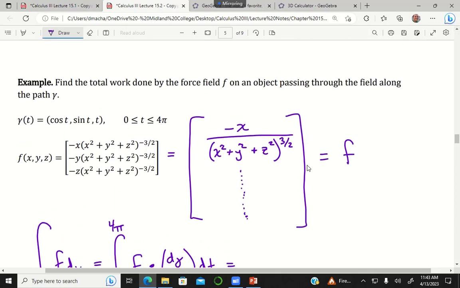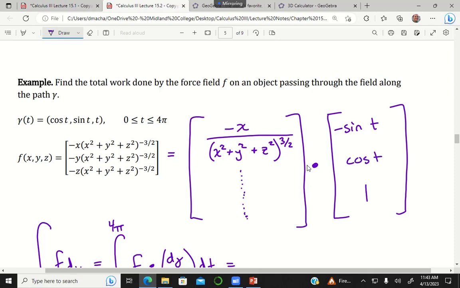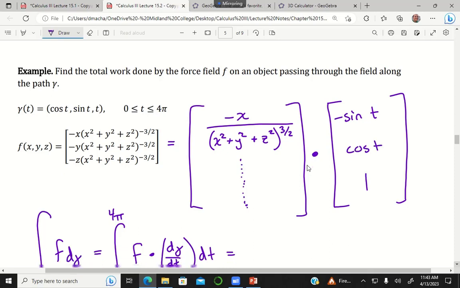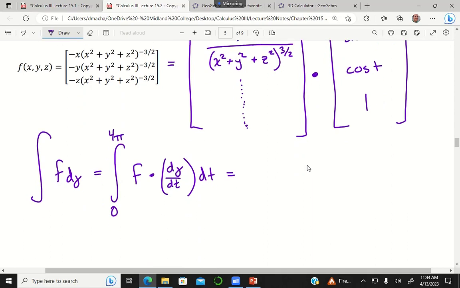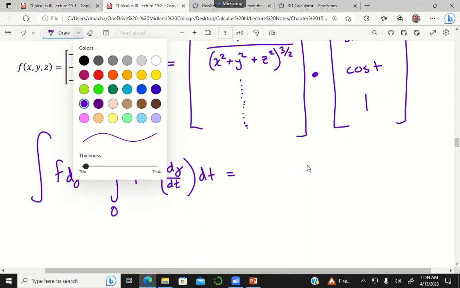So if this is F, and I'm trying to take the dot product between F and the derivative of gamma with respect to t, which is this vector, this dot product is going to be really big and nasty.